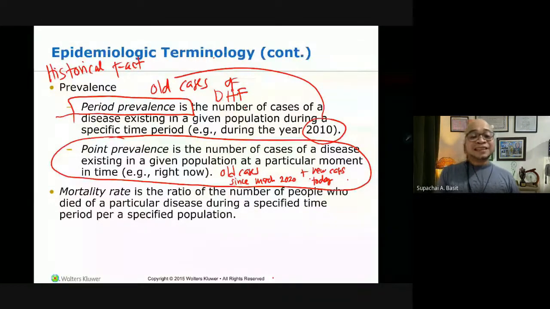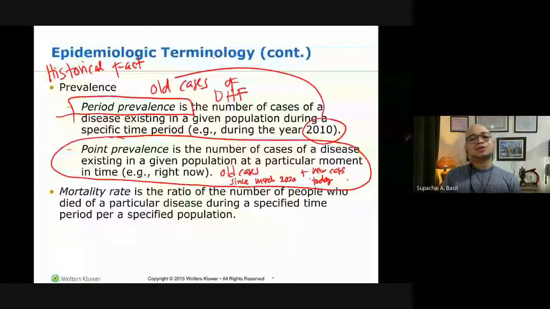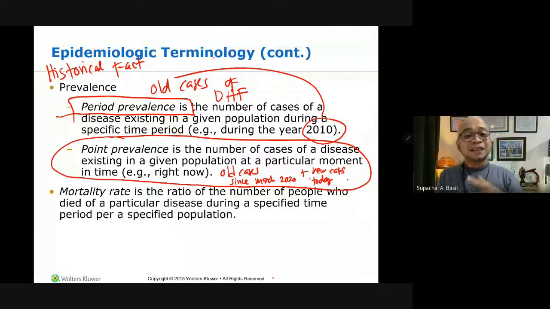Then the mortality rate is the ratio of the number of people who died of a particular disease during a specified time period per a specified population. That is the mortality rate. So usually, DOH would be computing the number of people who died from COVID-19 over the number of people who got infected by COVID-19, and then you multiply it by 1,000, 10,000, or for every 100,000 population.